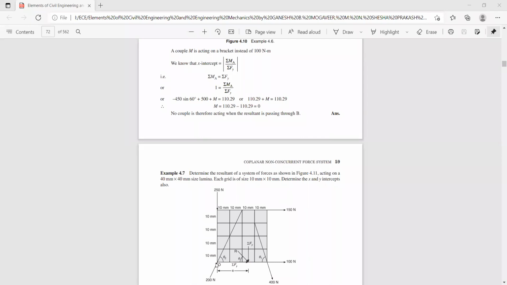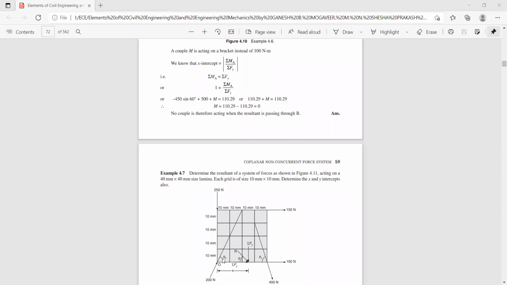Let us call these points A, B, C, D. At point A we have a 200 Newton force acting, and at point B a force of 250 Newton in the downward direction, and at point C a force of 150 Newton, and at point D a 100 Newton force as well as a 400 Newton force acting. Each square unit is 10 millimeters by 10 millimeters.